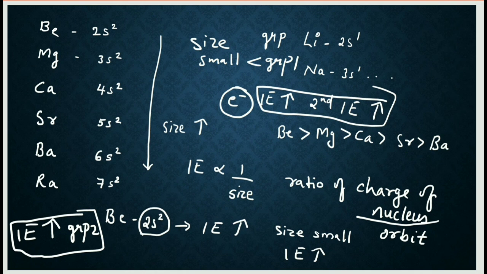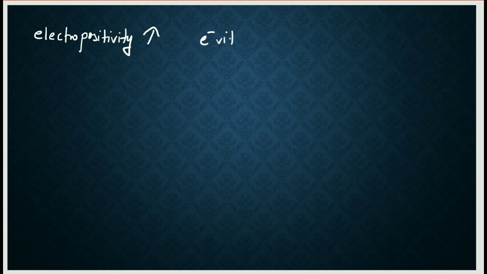Now moving to electronegativity. These are metals, electropositive elements. Alkaline earth metals and alkali metals are electropositive. Electropositivity is greater, which means electronegativity is low.